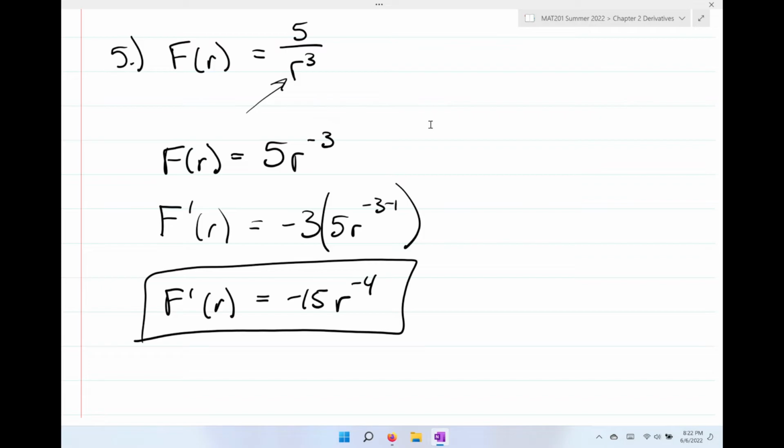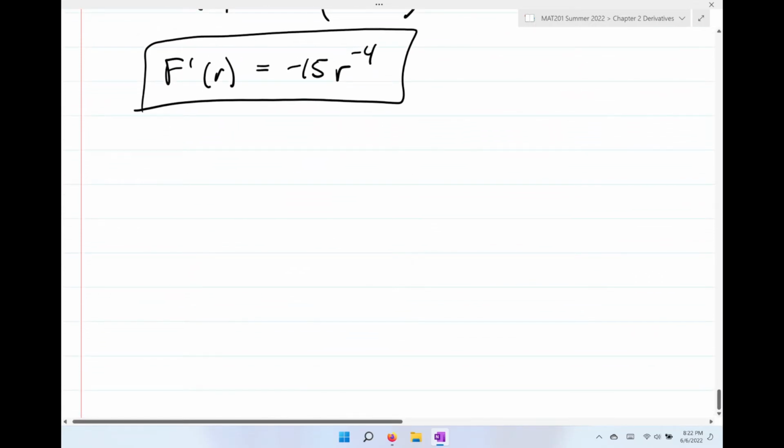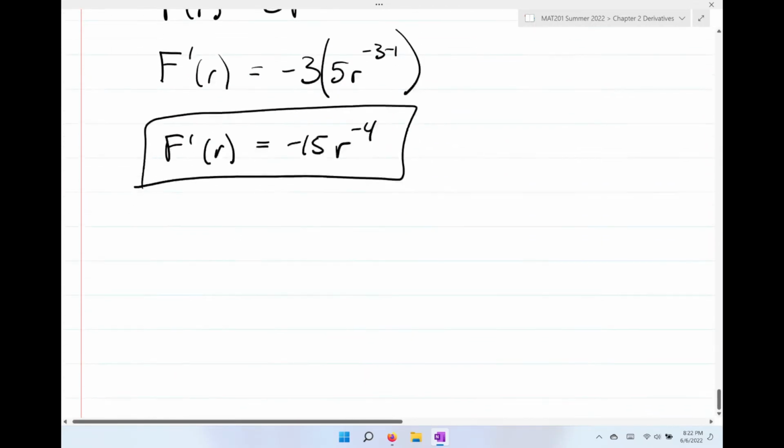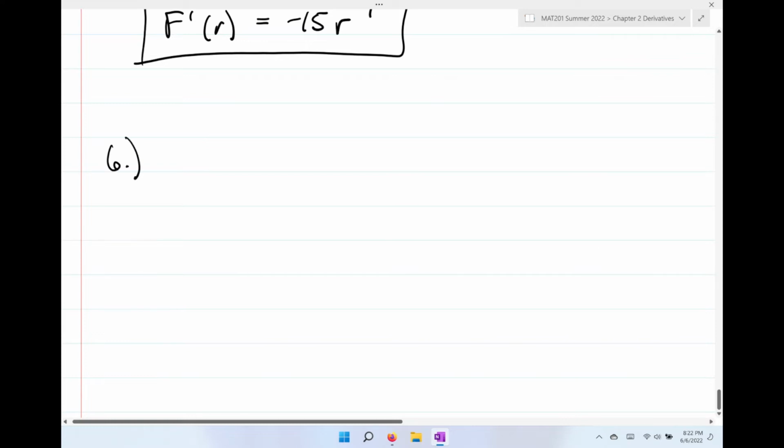All right. I'm going to try 1 or 2 more. Let's try this one here. This is number 6. So this is going to be f of t equals the cube root of t over t minus 3. As soon as I see this, I'm thinking quotient rule.